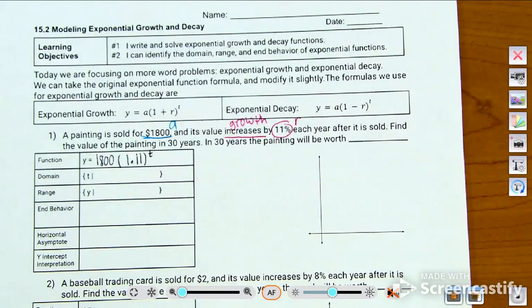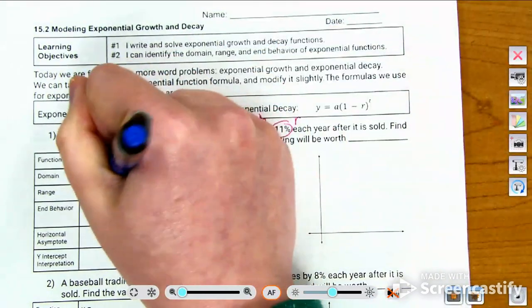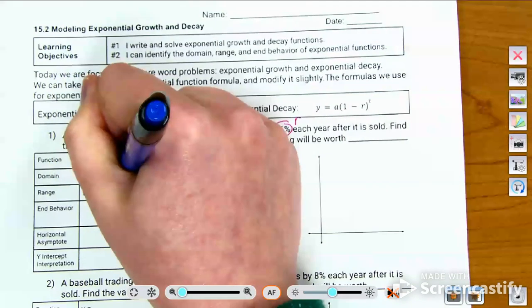In this case, it wouldn't make sense for us to have a negative amount of time, unless we can build a time machine to travel back in time, which none of us have successfully done. We can't really have any negative values for the time. So in this case, our domain restriction is going to be that t is greater than or equal to 0.